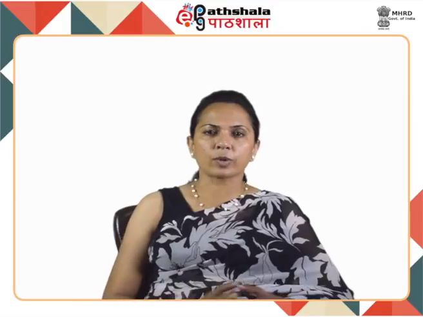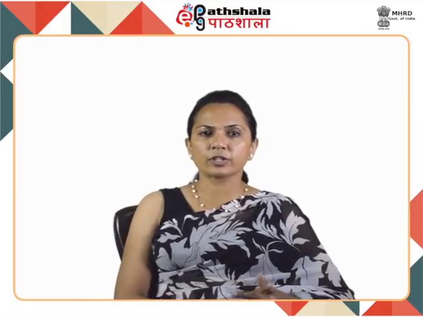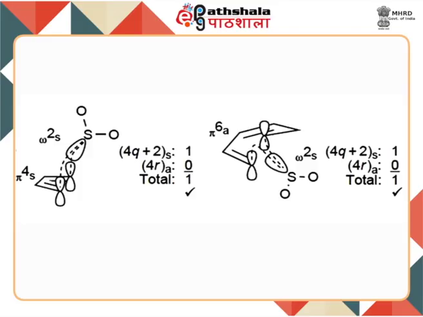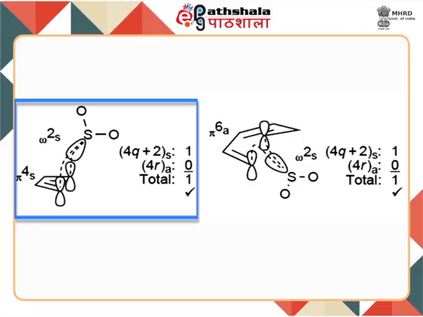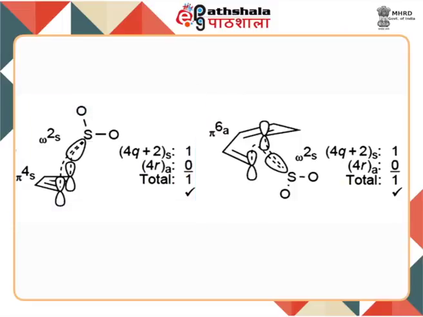Woodward-Hoffmann rules and geometry for the reverse of extrusion, that is, addition of SO2 to give a diene, are summarized in the following diagram. The first diagram shows 4q plus 2s is 1 and 4ra, the total being 1.